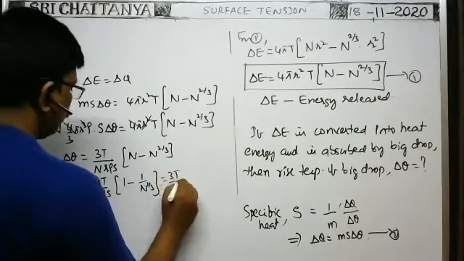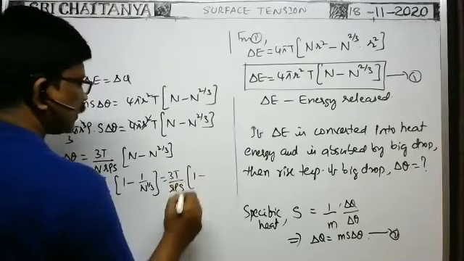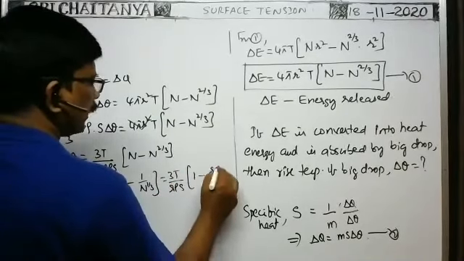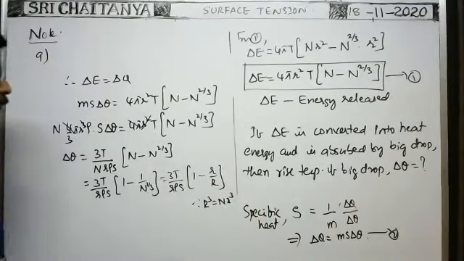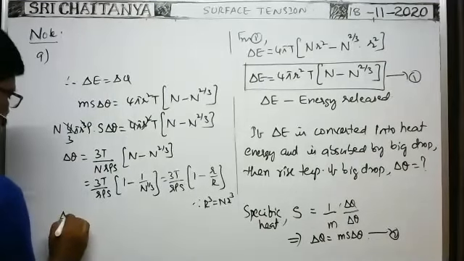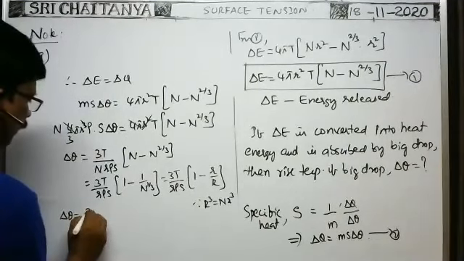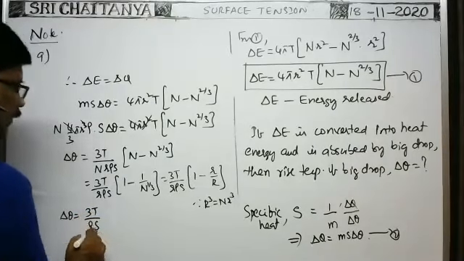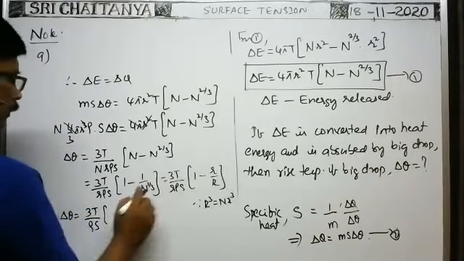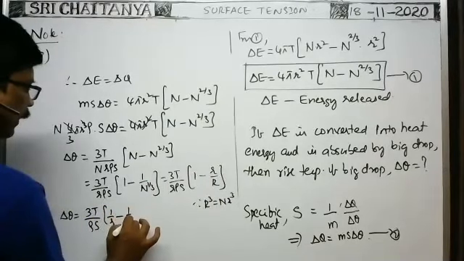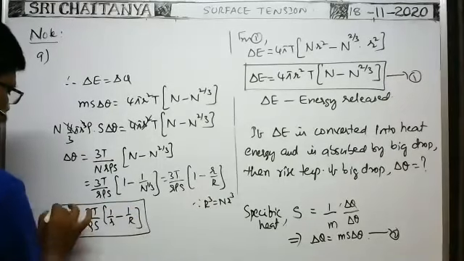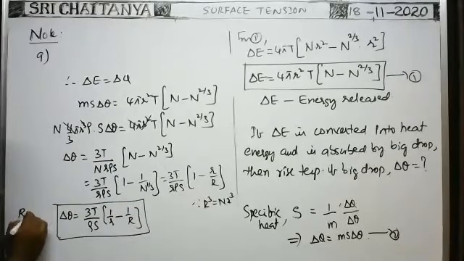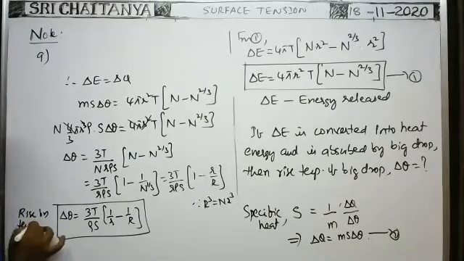That can be written as 3T by r rho s of 1 minus small r by capital R, since capital R cube is equal to n into small r cube, as I already said. Therefore, the rise of temperature delta theta is equal to 3T by rho s into 1 by r minus 1 by capital R. So this is the rise in temperature of the big drop.